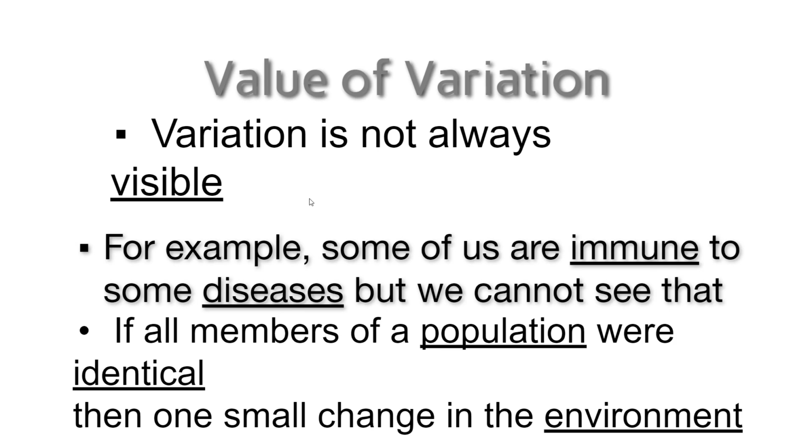They're going to change the environment in your body, and they're going to kill those organisms. And because they reproduce asexually, they will die. But for us, for animals that reproduce sexually, because there is variation, it helps to keep us safe.